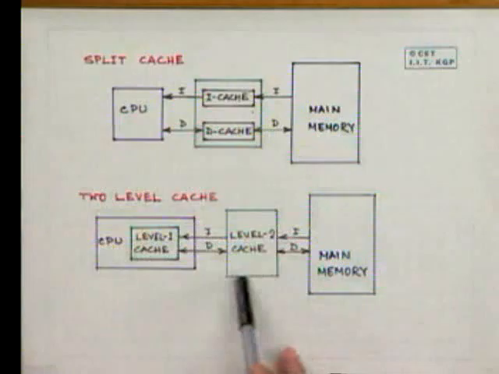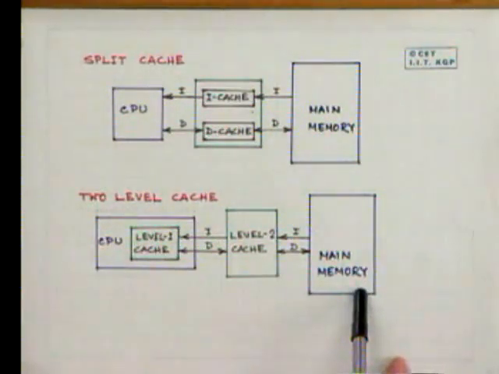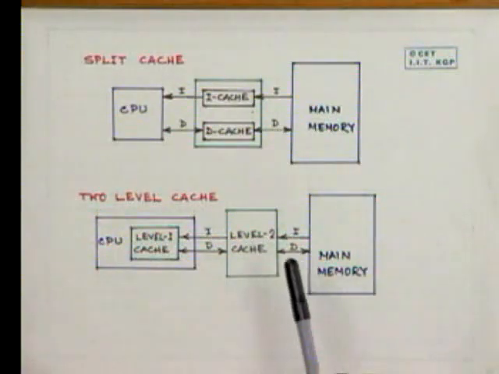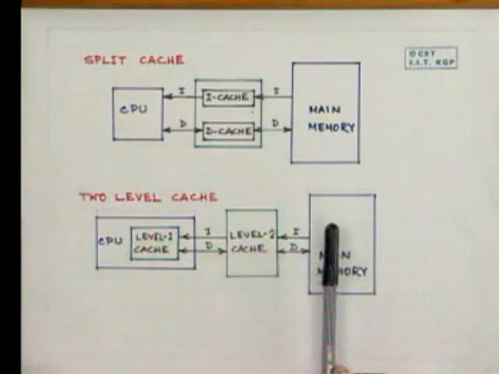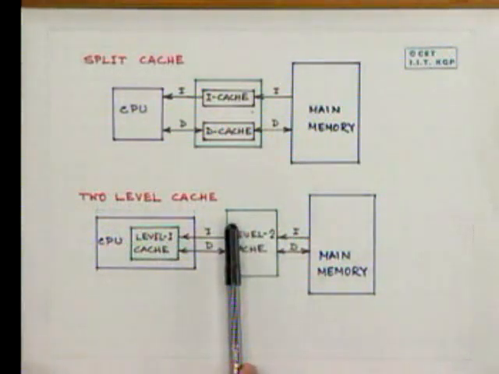Then we have a level 2 cache consisting of SRAM and then the main memory. Here, the mapping is done between the main memory and the level 2 cache, and another mapping is done between the level 1 cache and the level 2 cache.